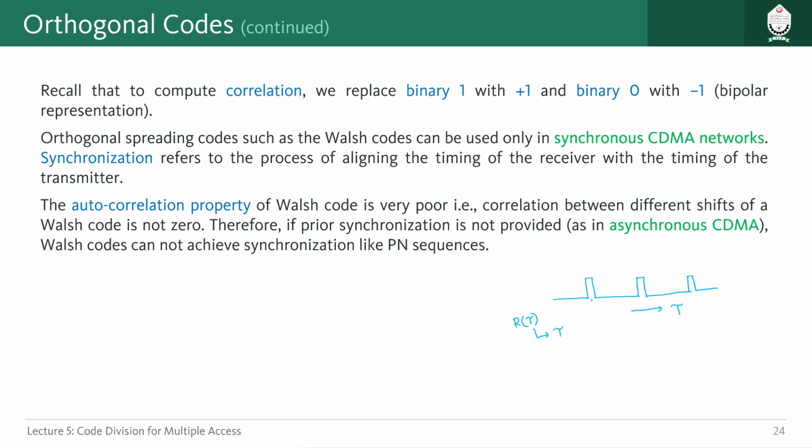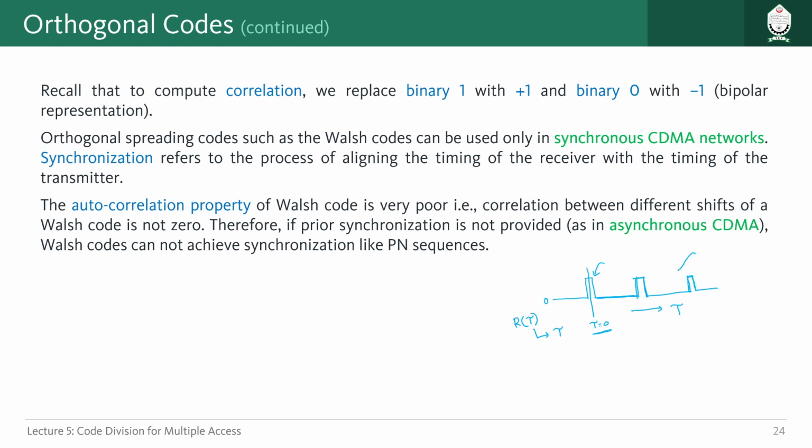We said that at tau equal to 0, that is no shift, we had a very high correlation. But after that, if I change the value of tau, that is the correlation between different shifts of a particular code, then this value was very low, almost equal to 0, right? Then after reaching one period, again we get the spike.